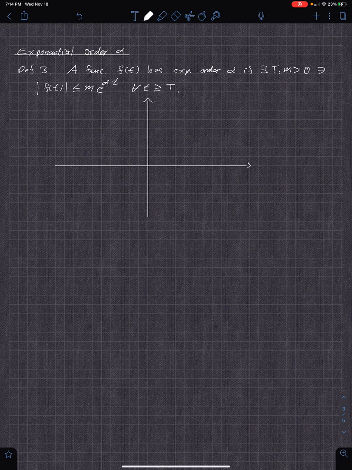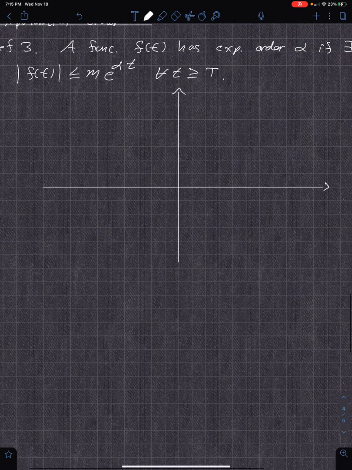So an exponential function is going to be this guy, right? Let's draw a little better one than that. So the exponential function goes like this. And then it'll change depending on your order, right? Alpha and your M. But that's essentially what we mean.